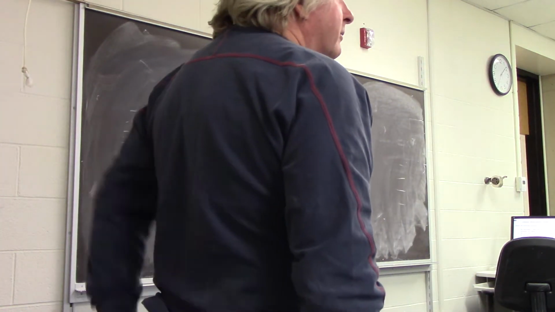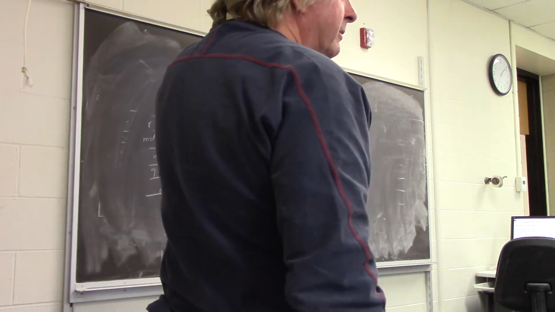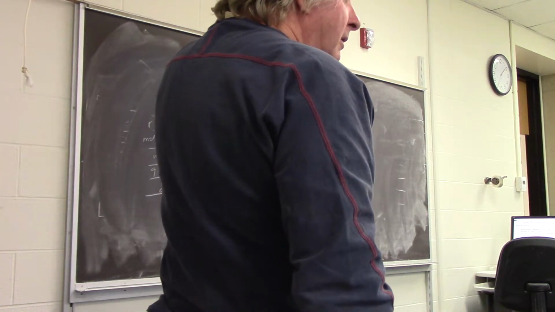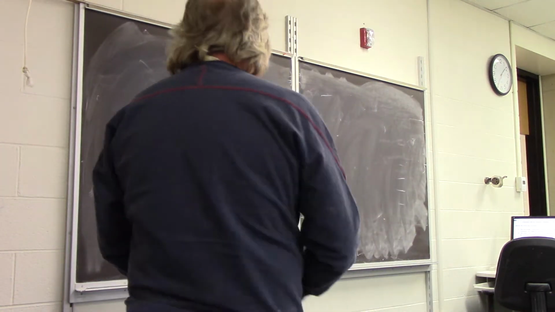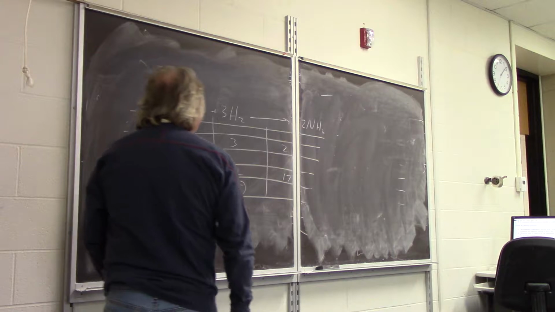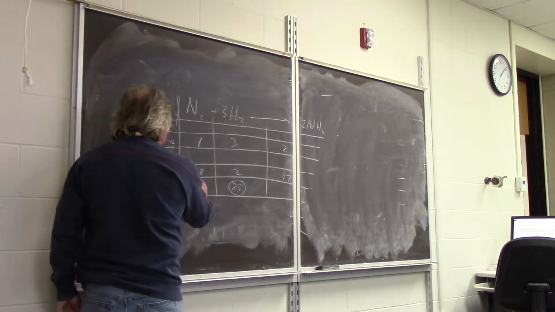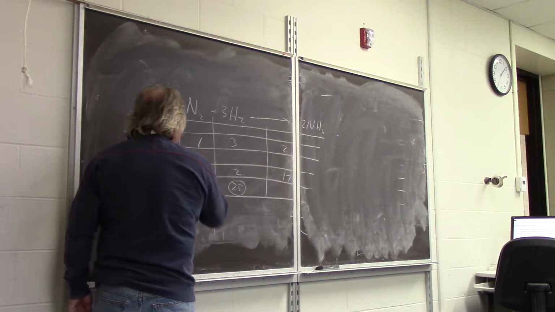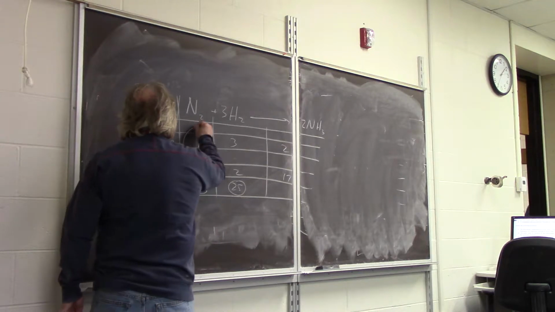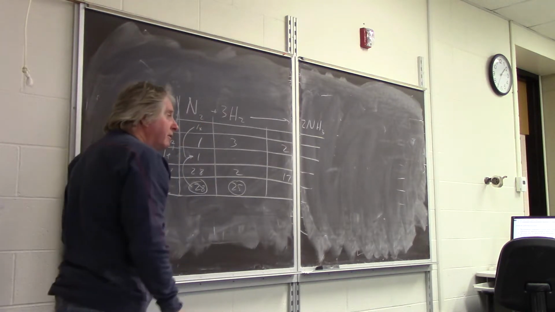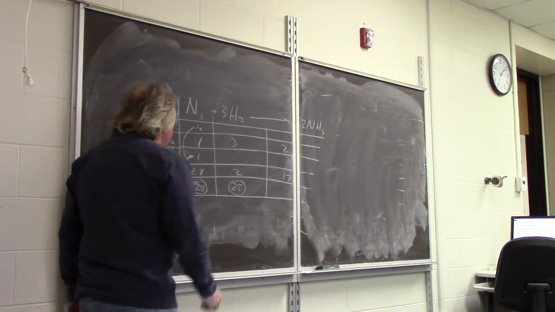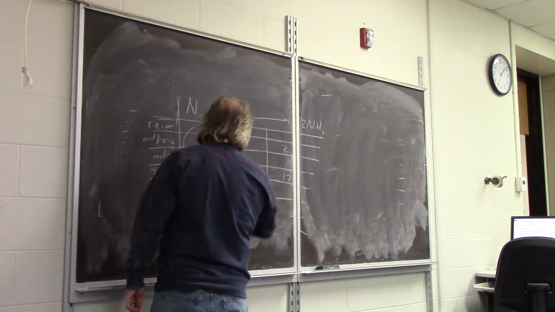Which one is the limiting reactant? Okay, so what I have to do is figure out how many recipes each one can produce. And the one with the least amount of recipes is the limiting reactant. So this is 1 mole, and so we can do it one time, 28 grams.